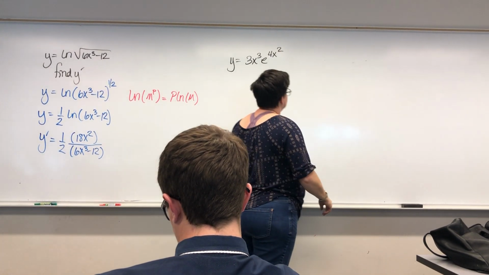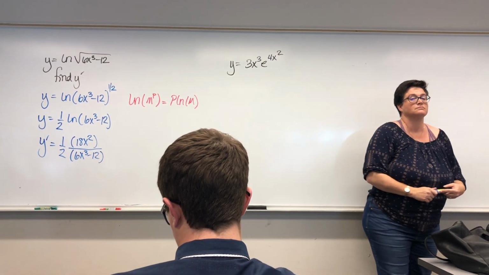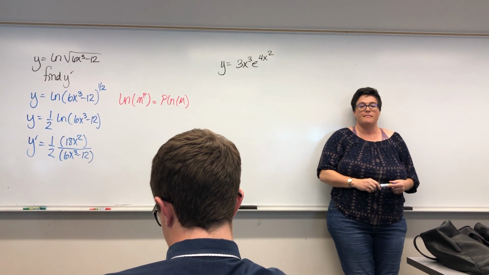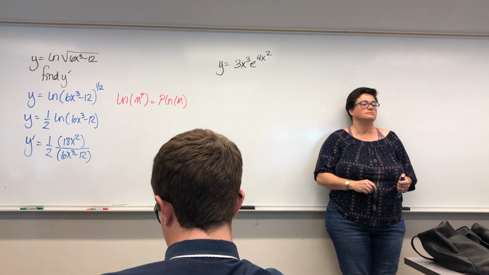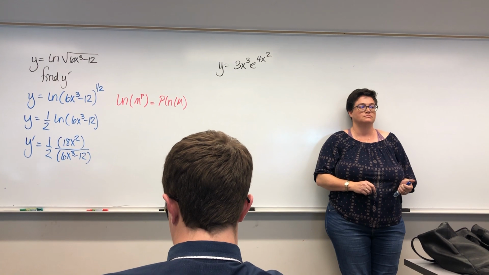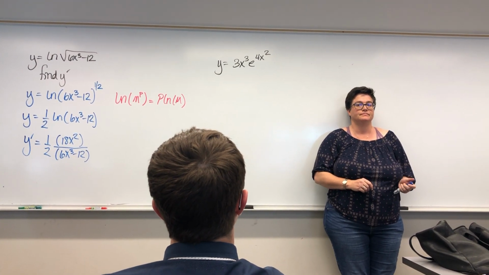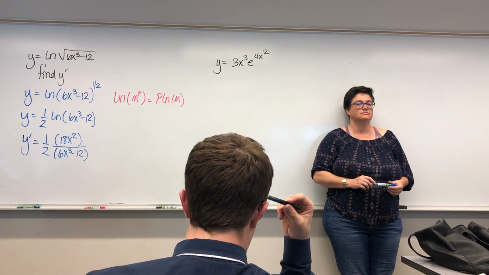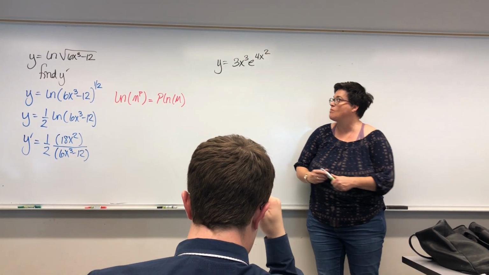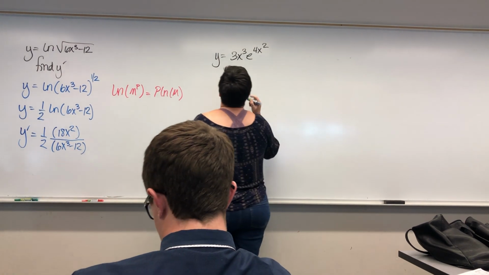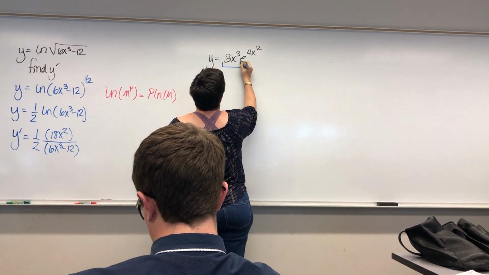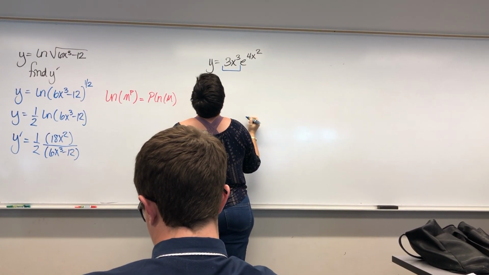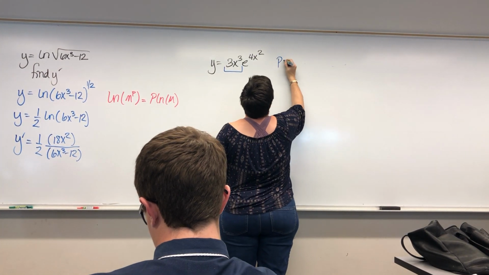So you have a product rule. Because you have two functions. So give me a thumb if you see that this is a product. All right. What's my u then? 4. Globally, what's my u?